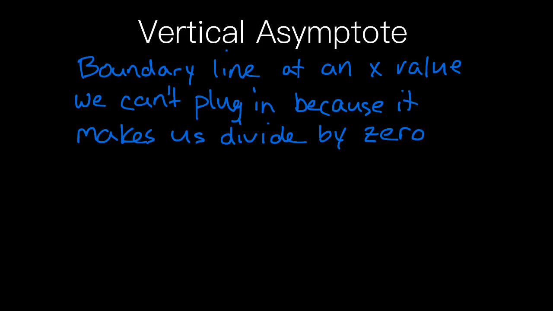And it's caused by x values. It's caused by having an x that when we plug it in, it would make us divide by 0. And you hopefully know that we can't divide by 0. That gives us undefined values. So the first thing that we're going to do is look in the denominator, the bottom of our function, and see what makes that 0. If anything makes it 0, then we have a vertical asymptote.